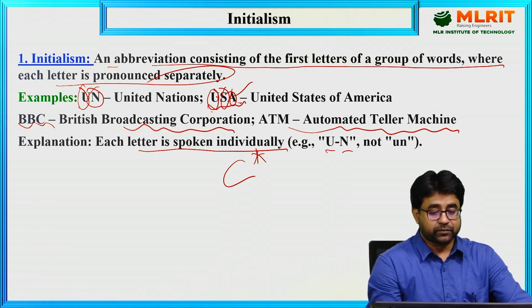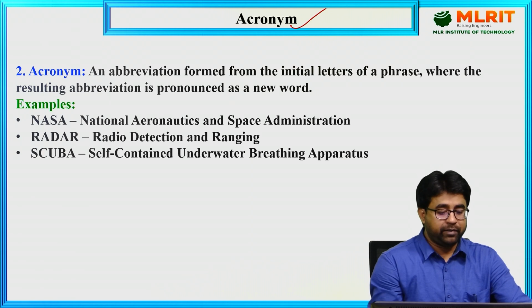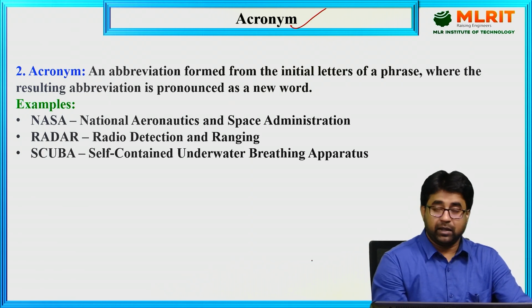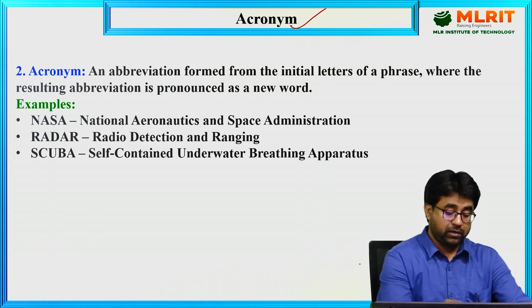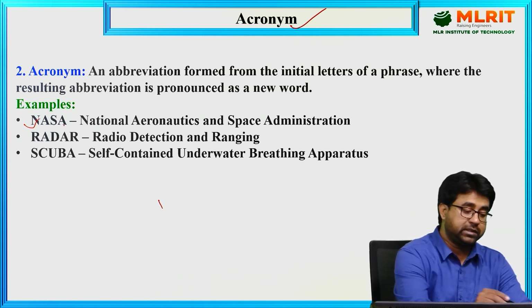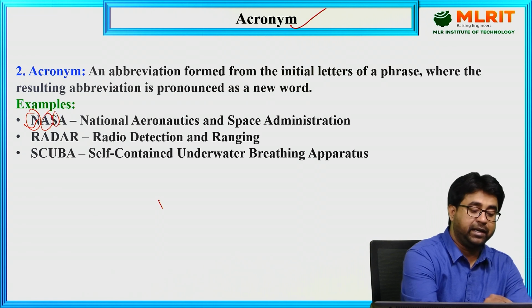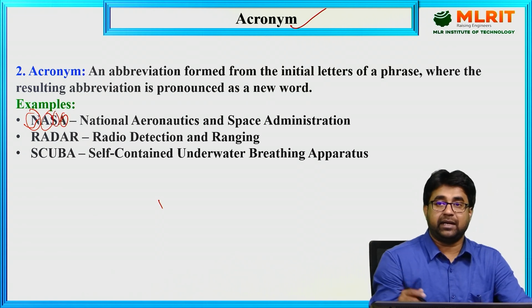Then what is the next type? Acronym. What is acronym? Acronym also is a kind of abbreviation, but there is a difference if you compare it with initialism. In acronym you don't pronounce each letter separately. You don't say N-A-S-A. Instead, we say NASA. We pronounce it as one single word.